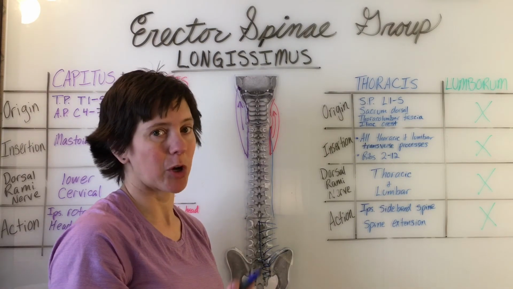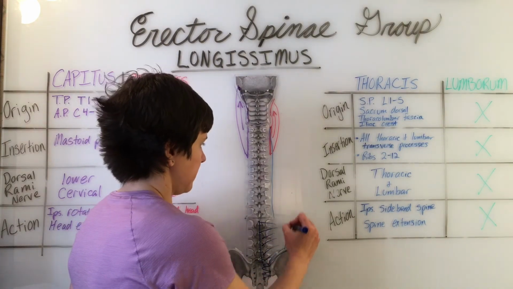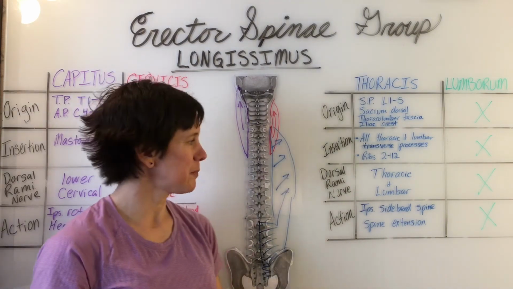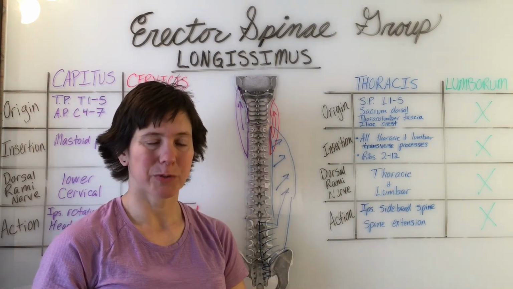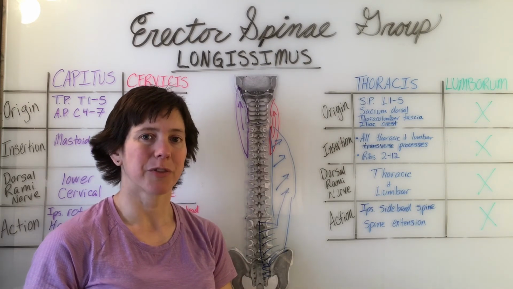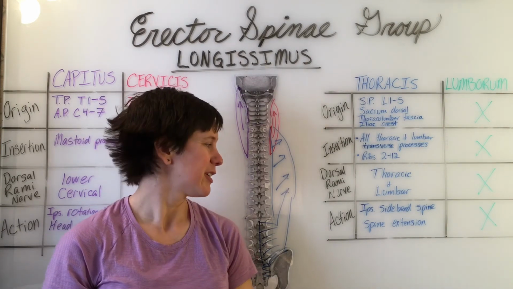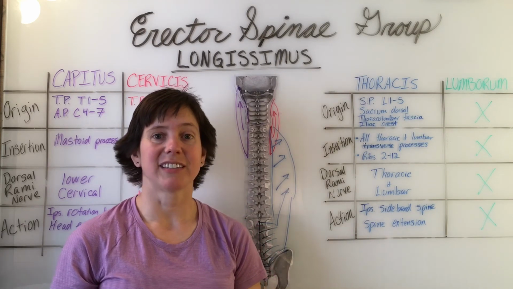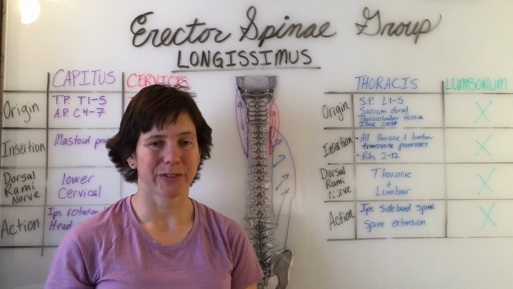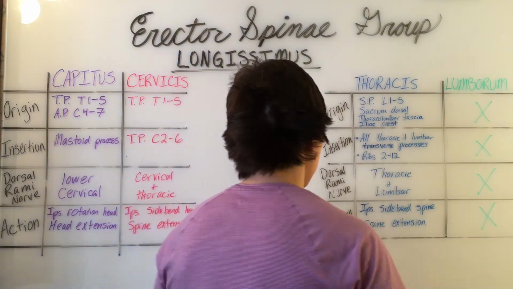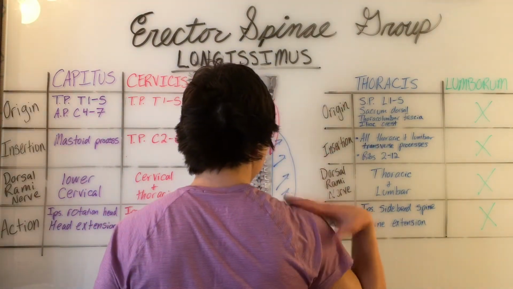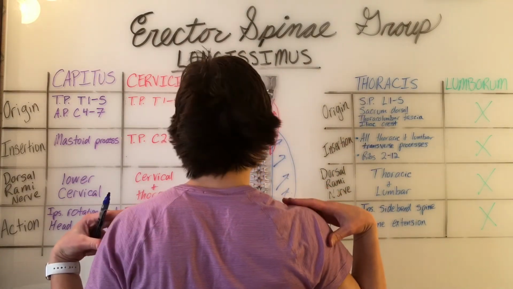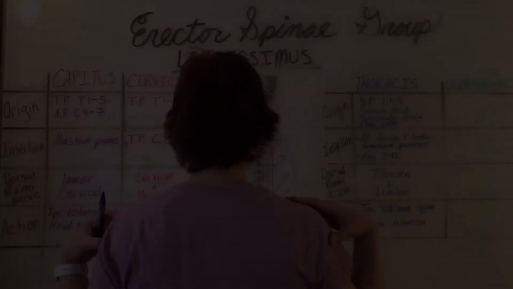So essentially all the ribs except for the first one. It is innervated by the dorsal rami of the lumbar and thoracic nerves. Its action is ipsilateral side bending of the spine and bilateral spine extension.